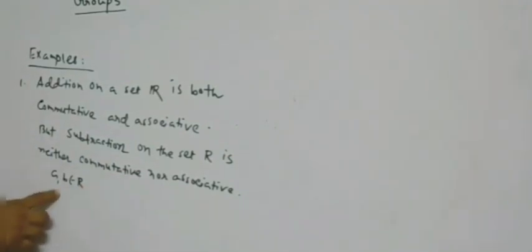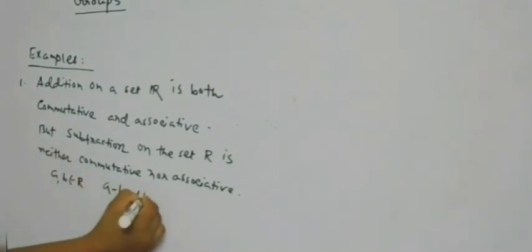So addition on the set R is both commutative and associative, but subtraction on the set R is neither commutative nor associative, because if we take two elements a, b belonging to R, then a minus b is not equal to b minus a, and so this is not commutative and not associative.